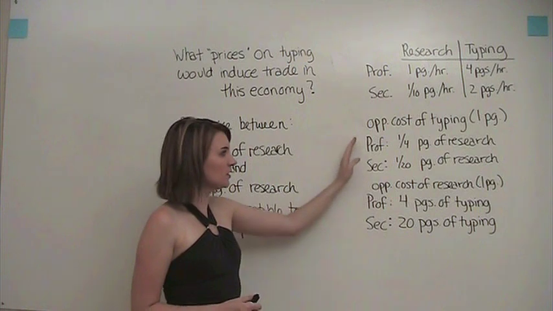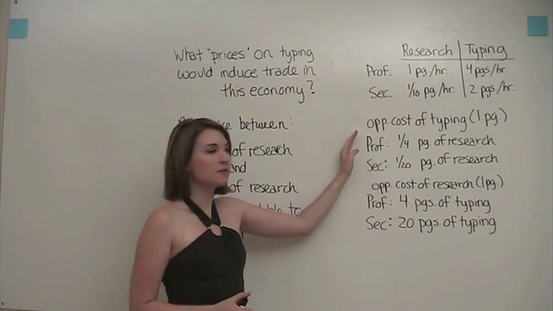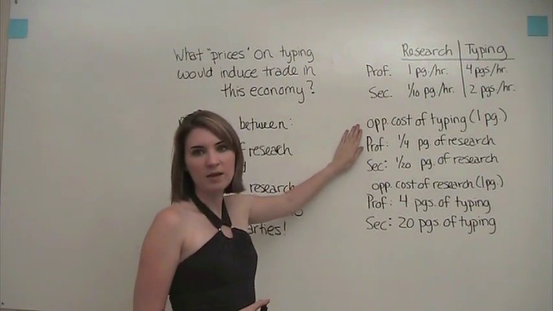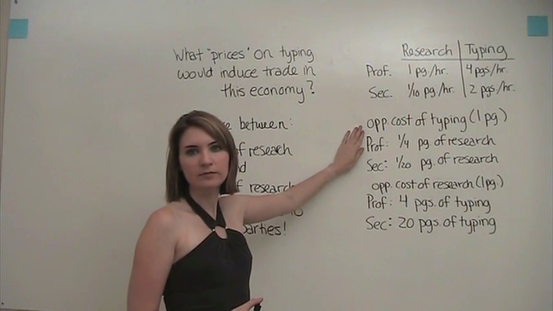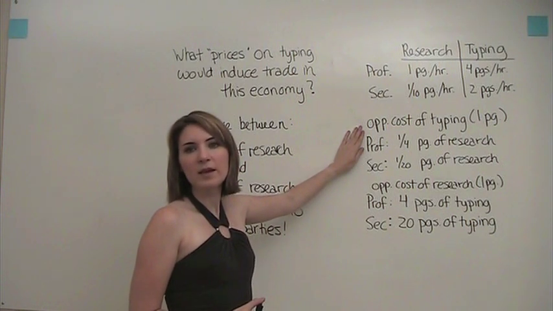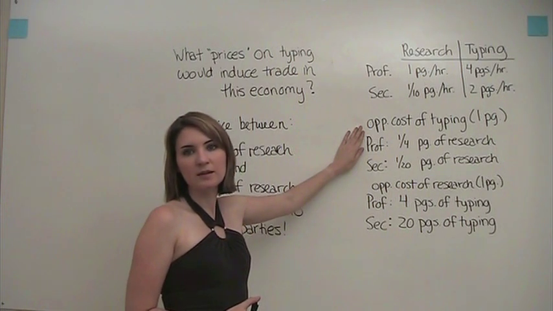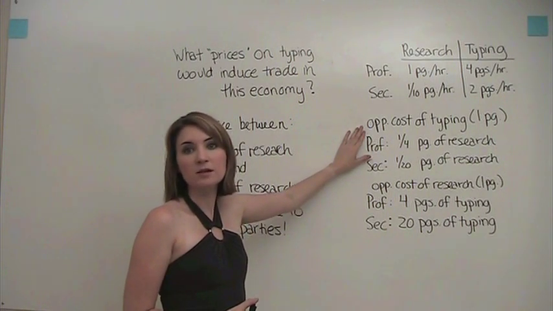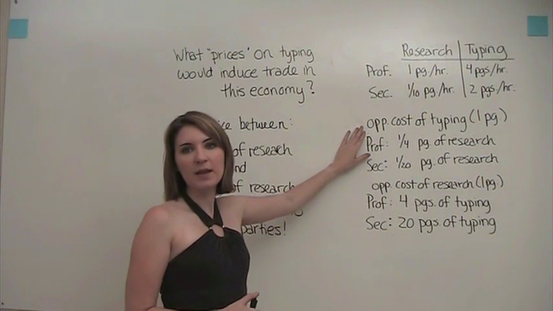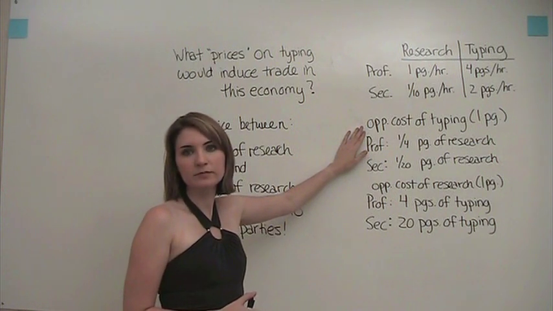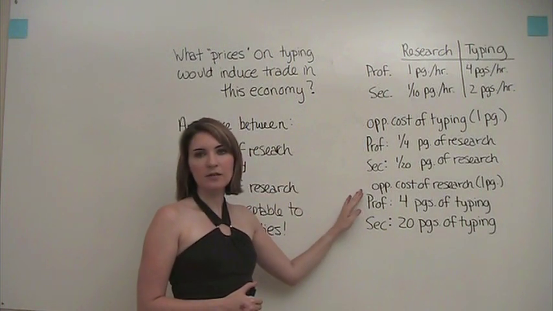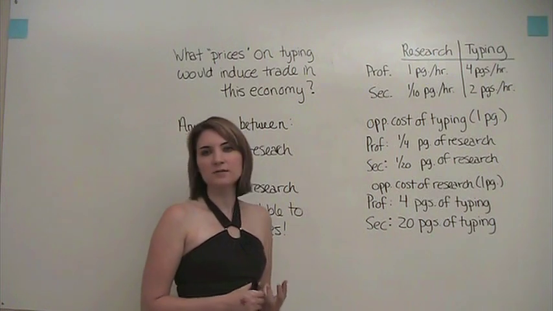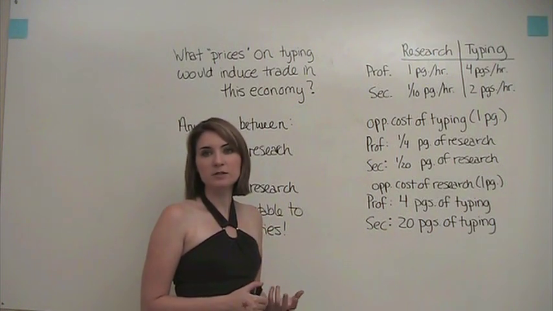If we look over here, we see that the cost to the professor of a page of typing is 1/4 of a page of research. Well, he would want to pay the secretary to do his typing if the price was lower than his own cost. So he's willing to pay anything up to 1/4 of a page of research. The secretary, on the other hand, has a cost of typing of 1/5 of a page of research.